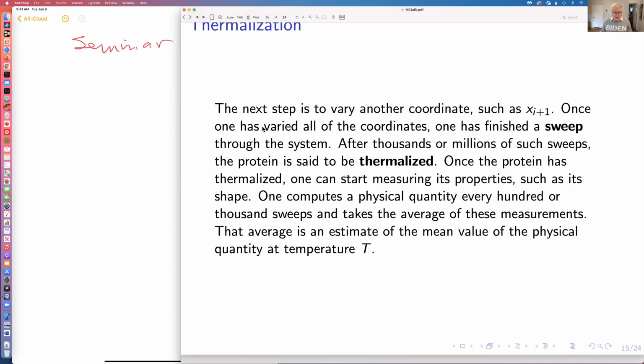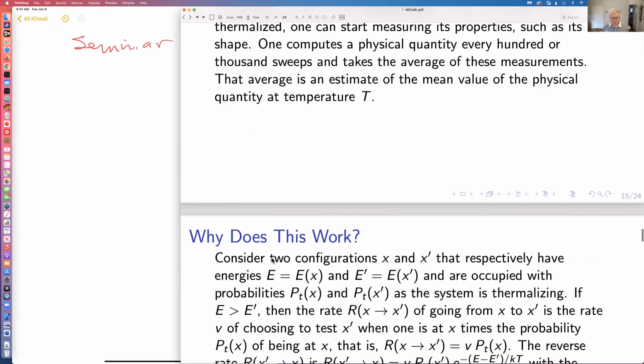And so if you're trying to advance medicine, you want to know what the shape of the protein is. One then computes a physical quantity every 100 or 1,000 sweeps and takes the average of these measurements. That average is an estimate of the mean value of the physical quantity at a given temperature.